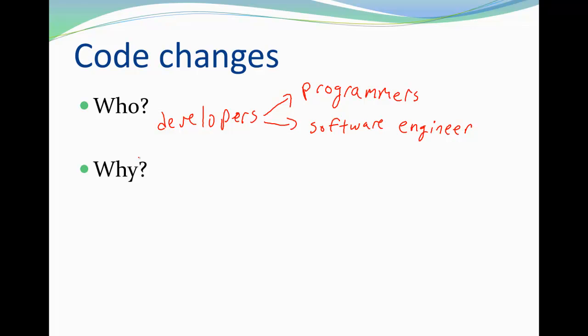So why do developers need to make changes to software in order to make it operational? I think that's obvious. Most people probably know, because of bugs, or better yet, instead of saying bugs, let's say defects. So that's one reason.